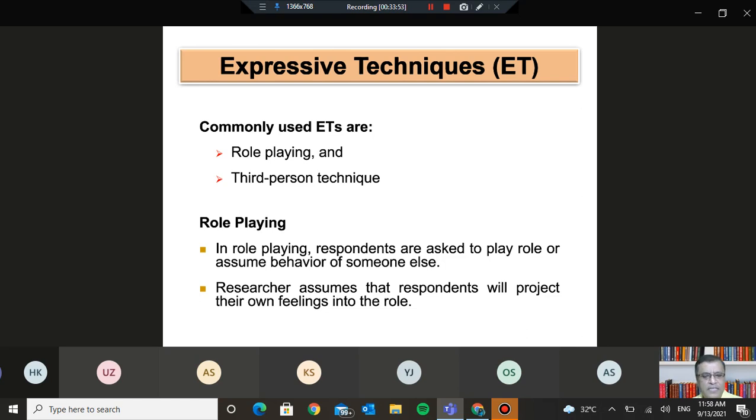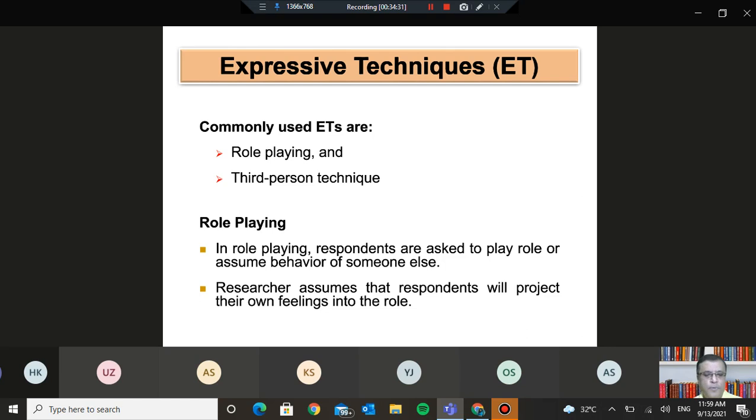People are playing the role of somebody else, and they will be sharing with the researcher the behavior in the context of that character whose role they are playing. The researcher assumes that whatever the respondent shares in this case is nothing but a projection of that individual's own feelings.